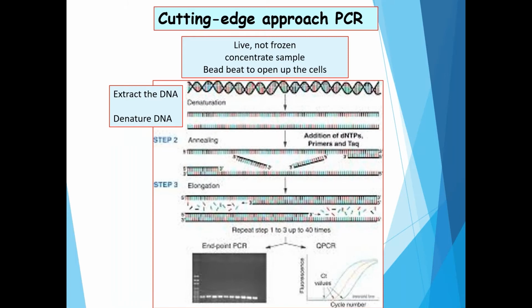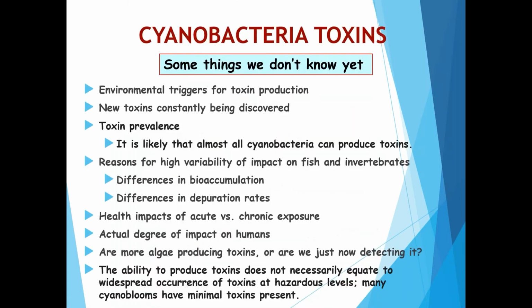Now, like I said, they've done better with single taxa than they have with consortiums. When you only have to look for one thing, and it's a relatively simple community, detecting something like Prymnesium actually works pretty well. And they've done the same with Microcystis. They're having pretty good luck with Microcystis in some cases, but that's usually in places where they know Microcystis already is. So we don't know exactly what the environmental triggers are for toxin production.